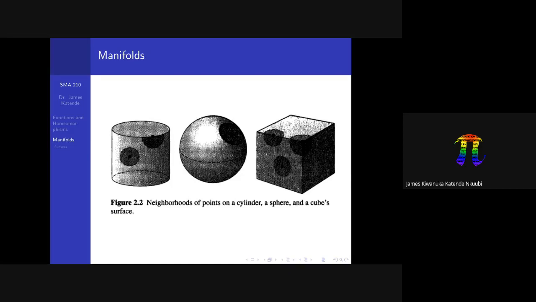It's not an infinite cylinder; it has a finite length, like that. If you pick a point on the surface of the cylinder, then the basic neighborhood looks like this. It's actually a circular region, the shaded part here. I'm using the mouse as a pointer. Can you see it?